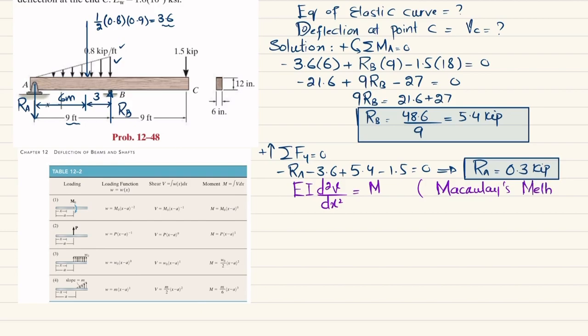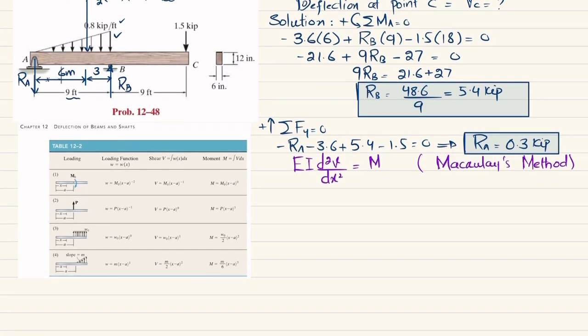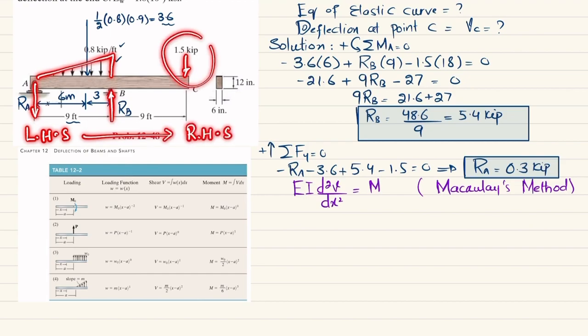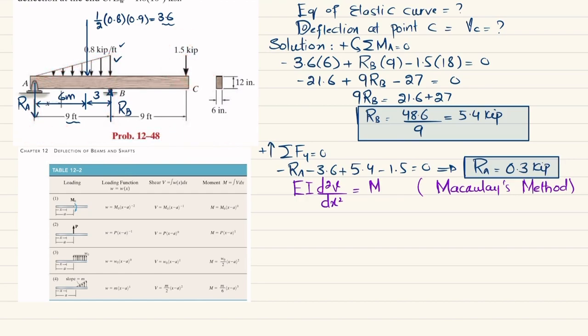Okay, so we'll apply Macaulay's method to find out this moment M. Now you can see here from this figure that there is a point load, there is triangular load, point load, and again point load. So we will start from left hand side and we will move toward right hand side, and at right hand side you will neglect this force.